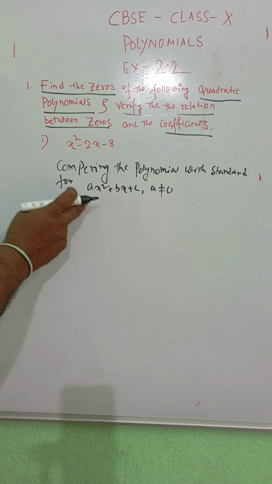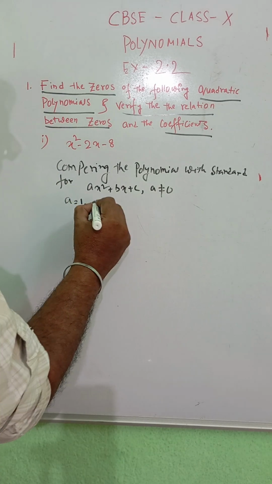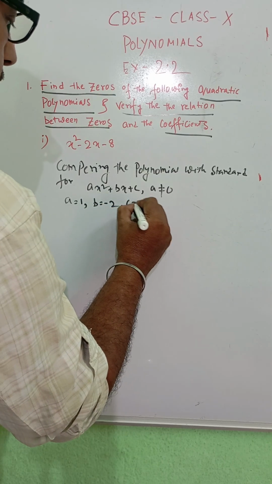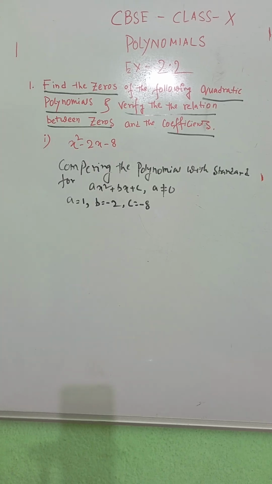Now for comparing these, a is equal to 1, b is equal to minus 2, and c is equal to minus 8. Now this part has been done.